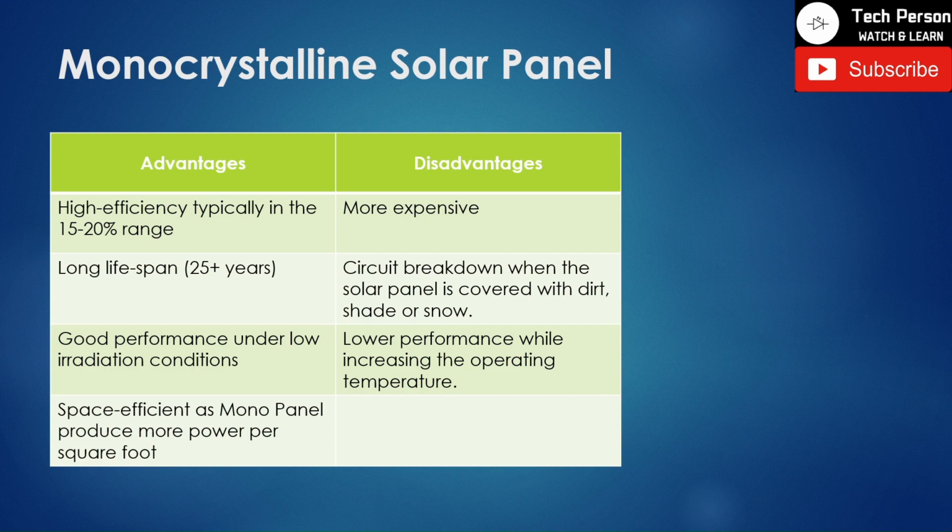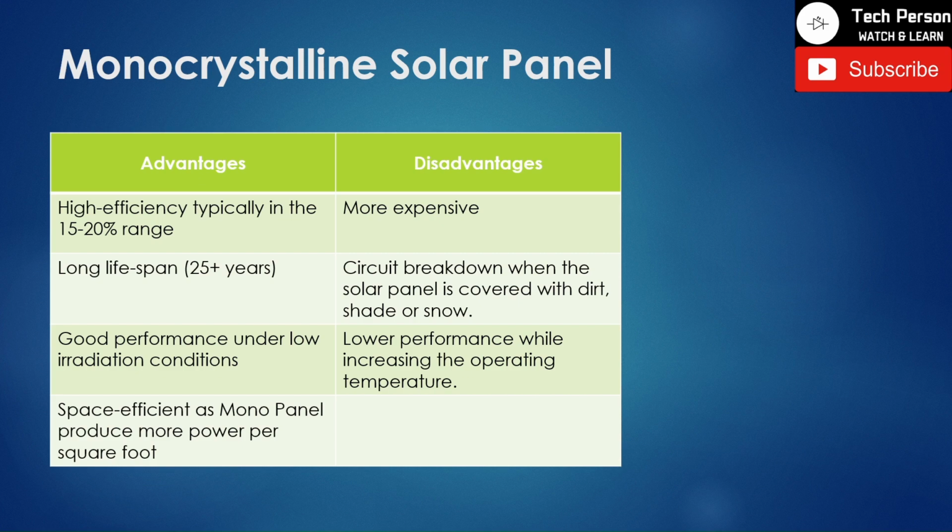If there is shade on one panel and you are using monocrystalline panels with more panels attached to the network, just because of that one panel the full network efficiency will be reduced. So this is a big disadvantage.